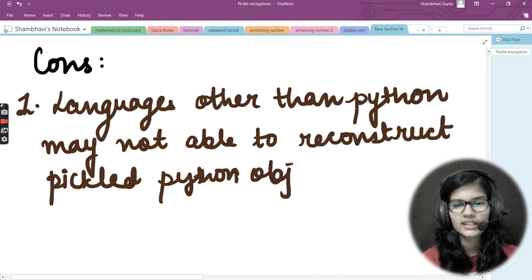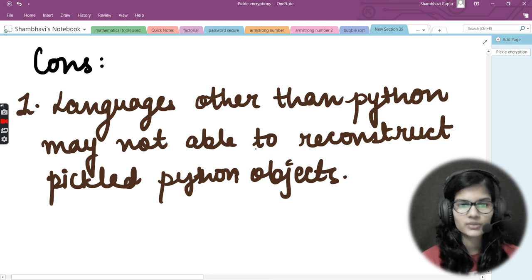So basically, other programming languages other than Python may not be able to reconstruct the pickled Python objects, right? This is the very first disadvantage of pickling.